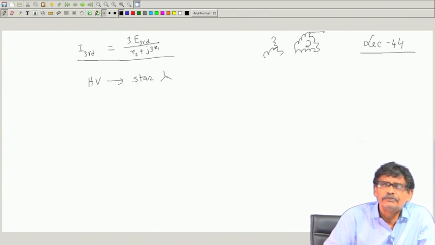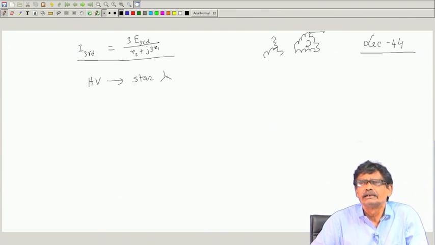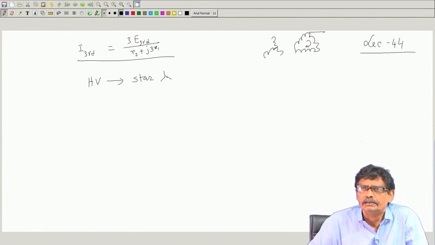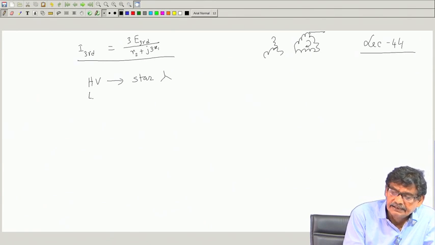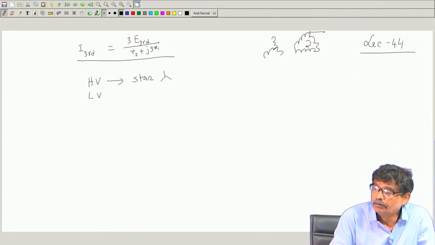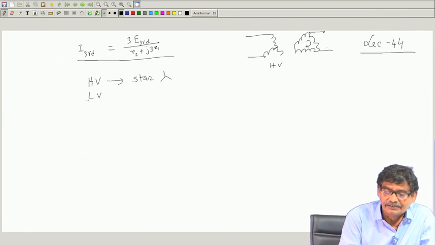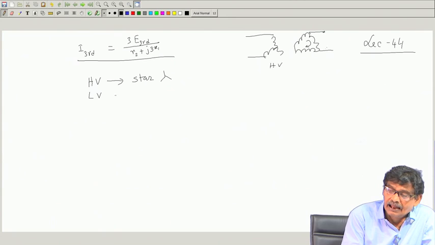Because the voltage per phase will be less, so insulation level etcetera will be lesser. And the LV side, since the coils will be delta connected, this will be low voltage, this is the high voltage side. This voltage will also be less because of this, and let this be delta connected. That is the guideline.